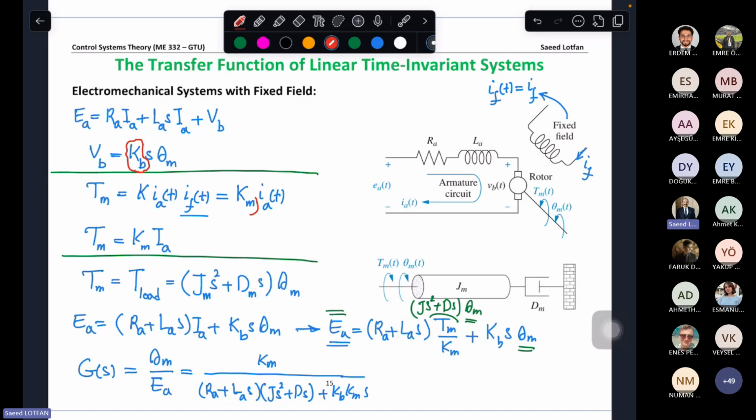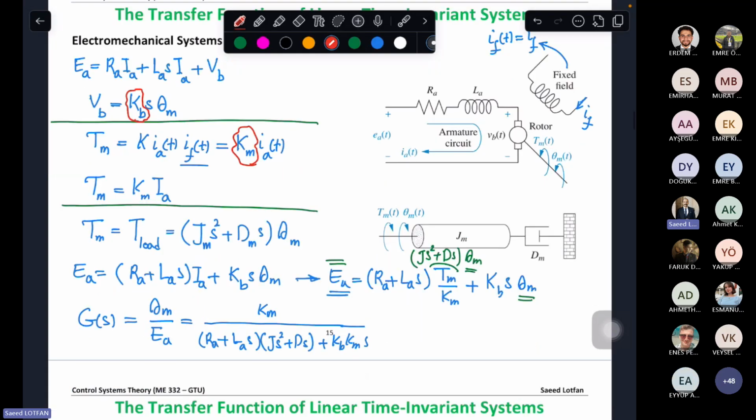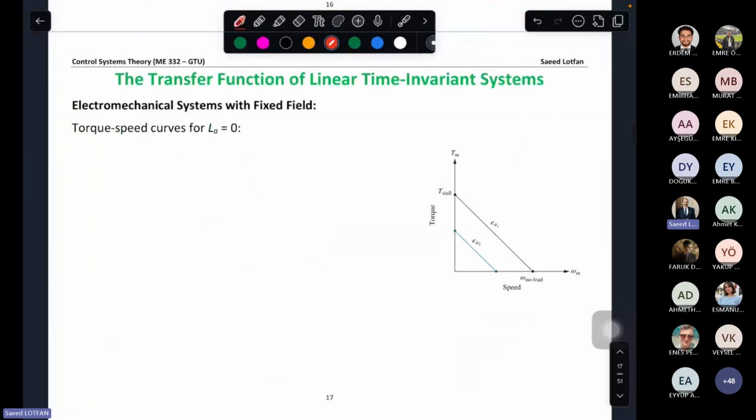Now we want to show that if we have that information, how we can obtain these constants. Okay, so this is the torque speed diagram, that is torque measured with respect to the rotation speed.